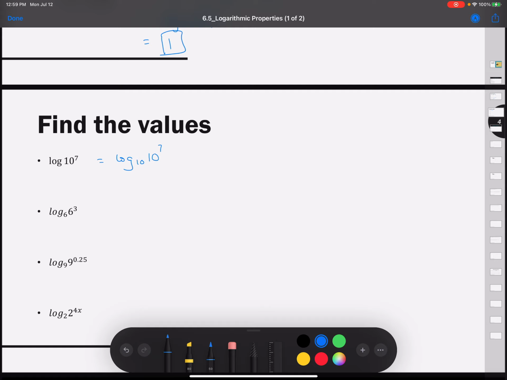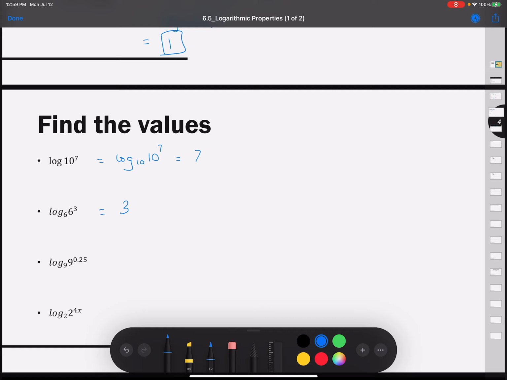When you just see log, it means base 10. So this is going to equal 7. This is going to be equal to 3, property number 3.